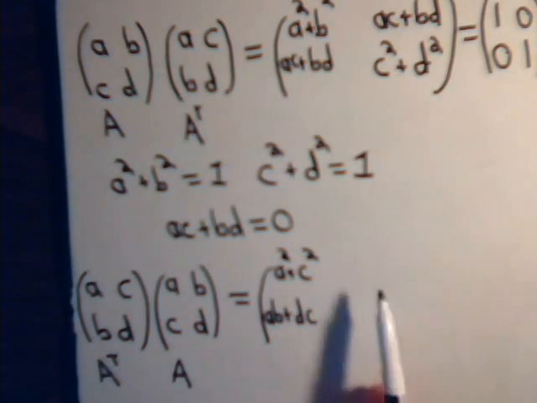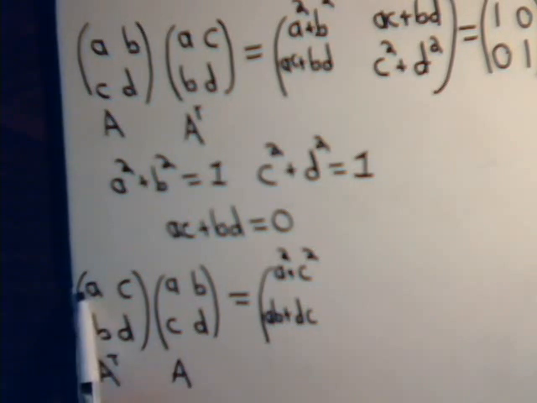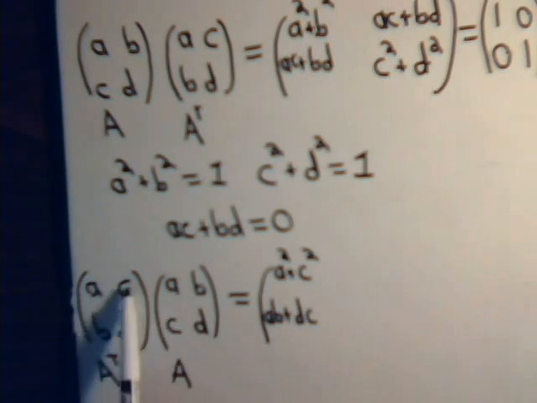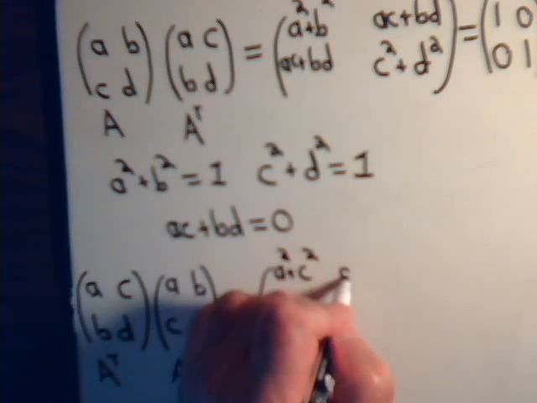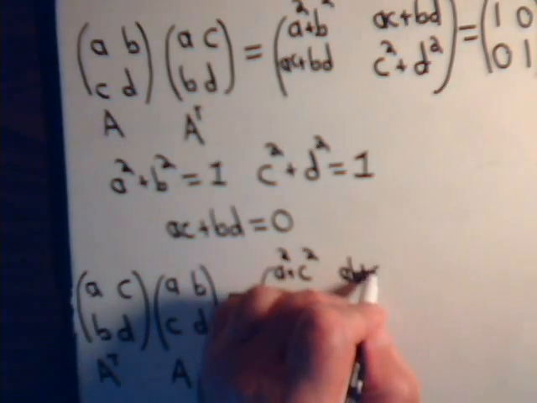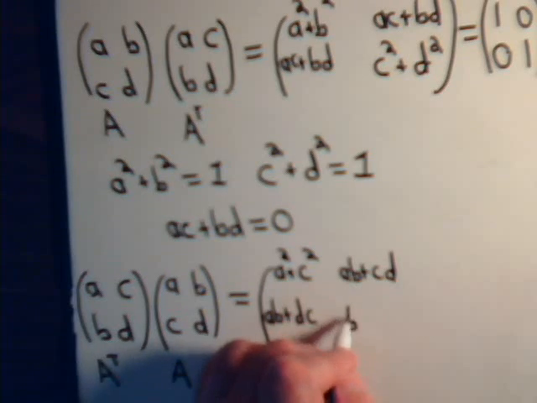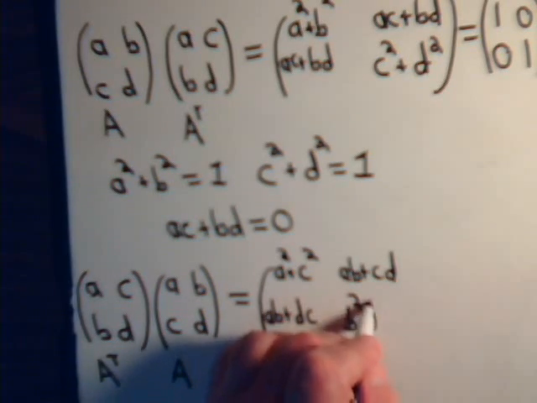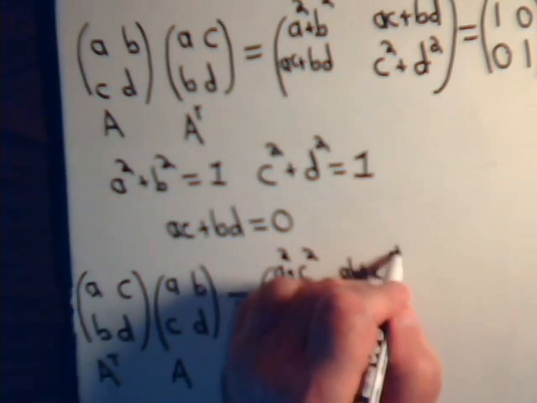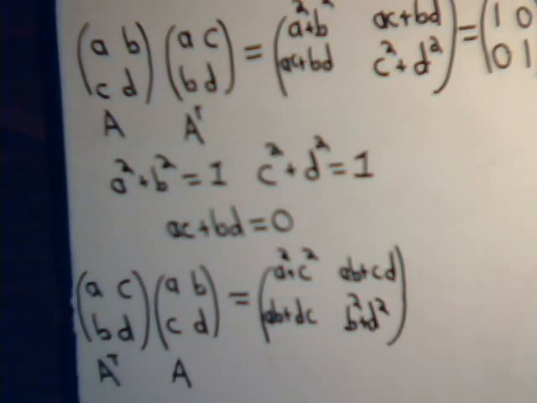And then over here, going across and down, ab plus cd again. And then here, across and down, b squared plus d squared. And this has to be equal to the identity matrix.